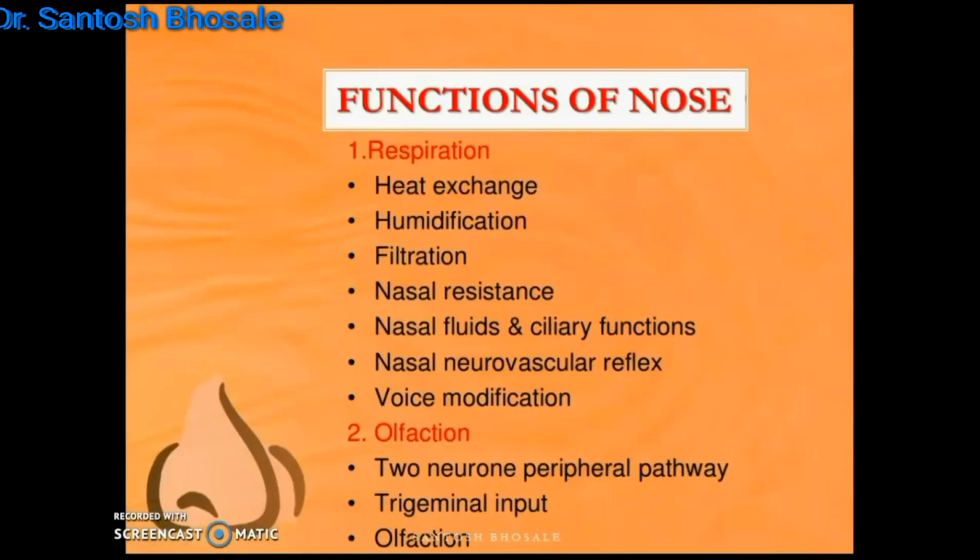So what are the functions of the nose? The nose is involved in heat exchange and humidification of the inspired air to adjust it to body temperature, because it has respiratory mucosa lined by numerous blood vessels and nerves, which are involved in reflexes, the sneezing reflex and cough reflex. It's also involved in voice modification, and the main purpose of the nose is olfaction. So it is meant for the olfactory function.